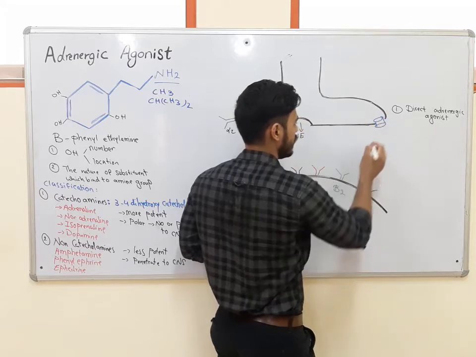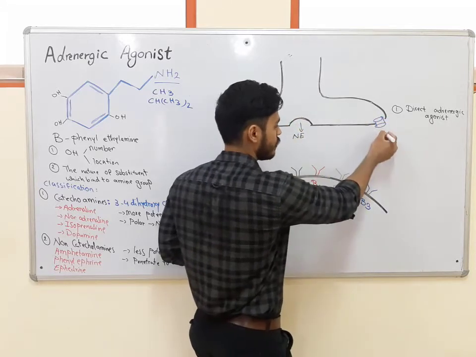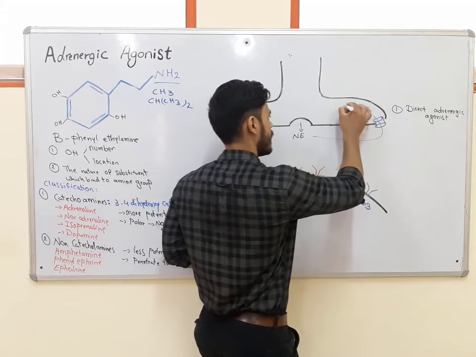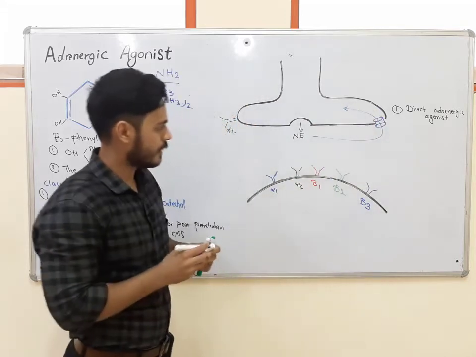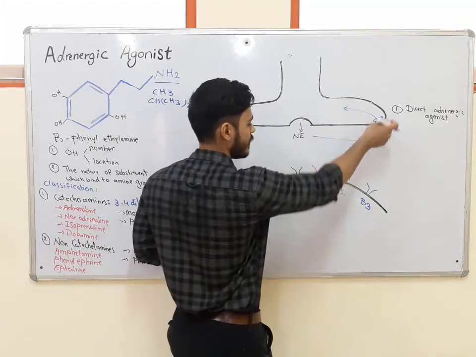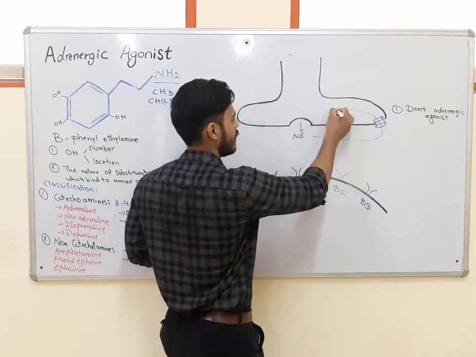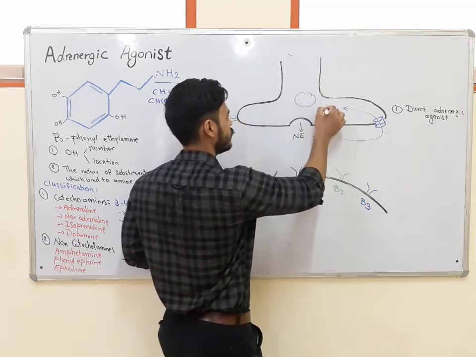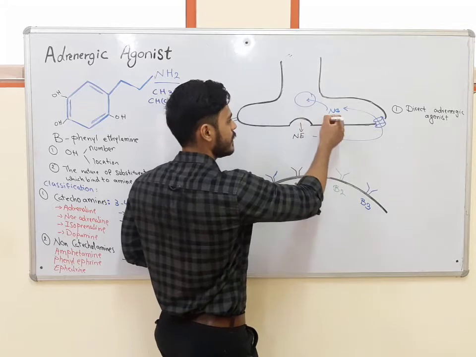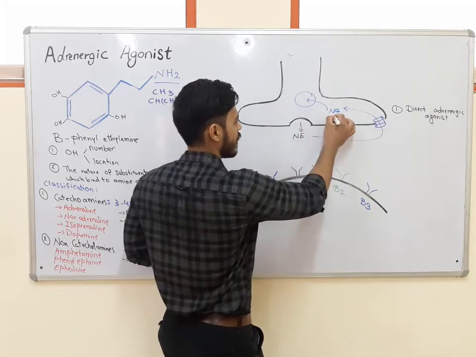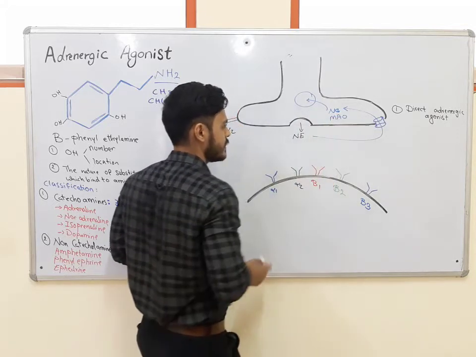This transporter reuptakes the noradrenaline and restores it into the vesicles. In the presynaptic neuron, we have the monoamine oxidase enzyme.